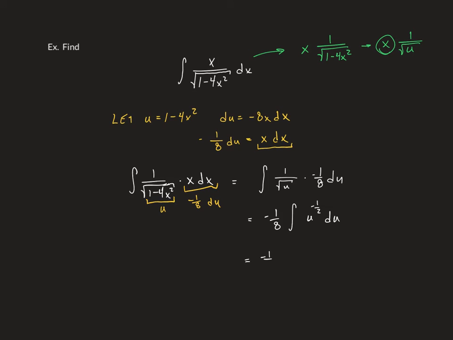So I have negative 1/8 times, well, negative 1/2 plus 1 is going to have to be u to the 1/2, and it's going to have to be 2 u to the 1/2. Alright, which obviously must be plus c.